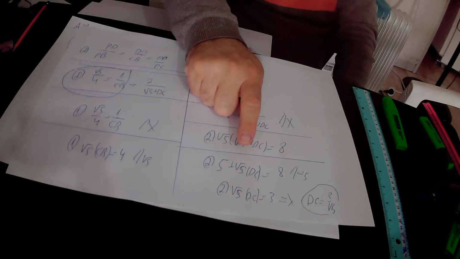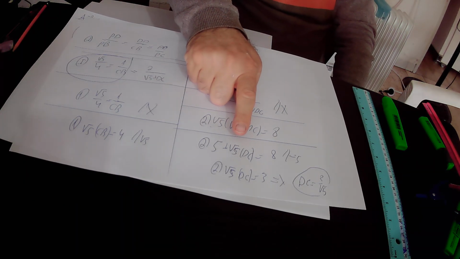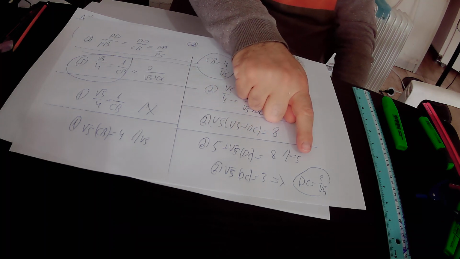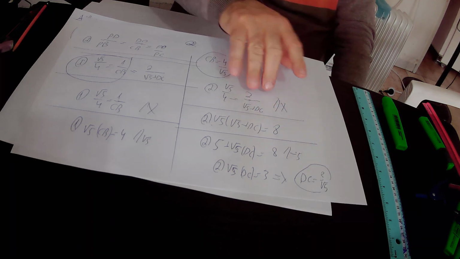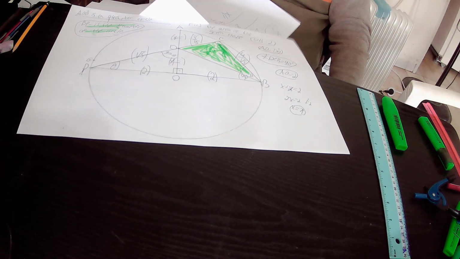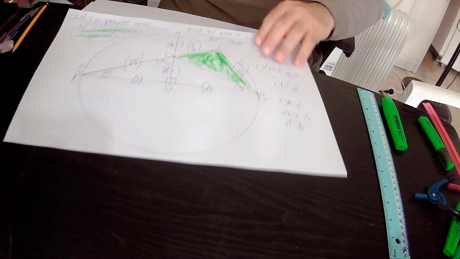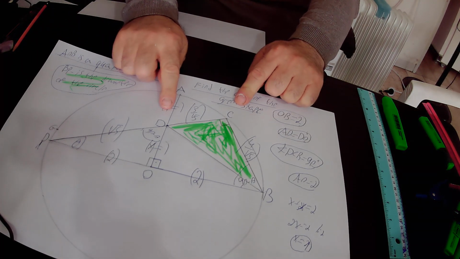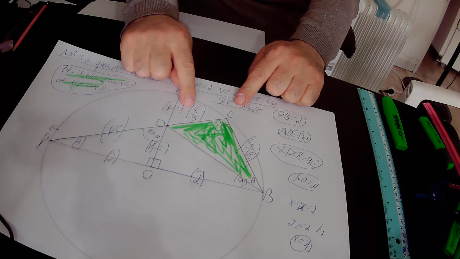Here we divide equation 2 by square root of 5 and finally find that the missing side DC equals 3 over square root of 5 units in length. So this is the missing side DC, and it equals 3 over square root of 5 units in length.